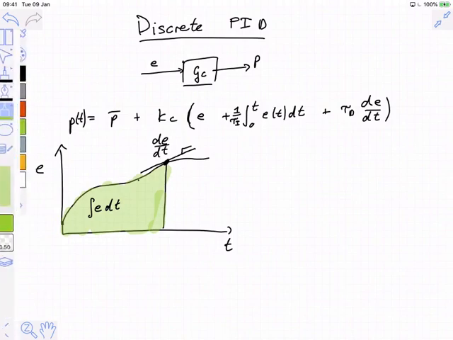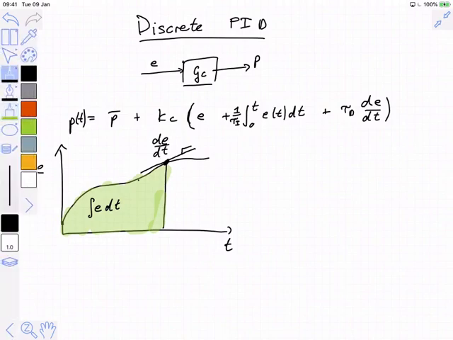And the key to discretization, or the way that the discretization works with the formulas that we have in the book, is that we're going to take this integral and approximate it by the sum of these kind of steps.